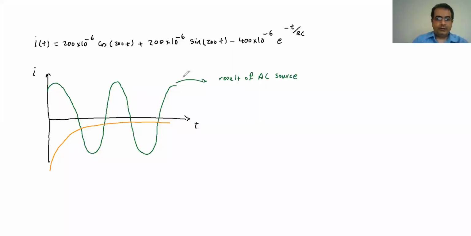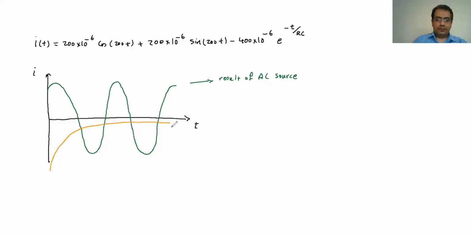That sinusoidal part that we see here is the result of the source we have. Because we have the AC part, the sinusoidal is going to go up and down, go up and down. So the I in the system is going to be changed by changing the source.